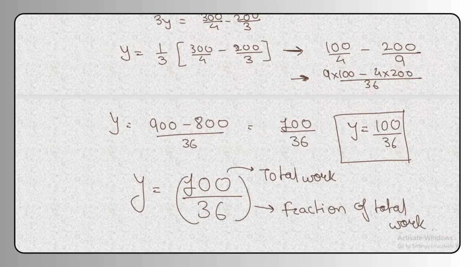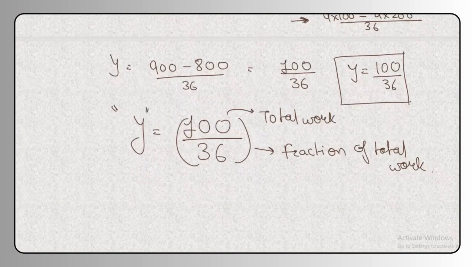And that is how it should be, because it is the work done on a given day by one of the resources, that is the boy. In the real case, boys and men together are completing that work. So some contribution by the boy per day and some contribution by the men per day, right?